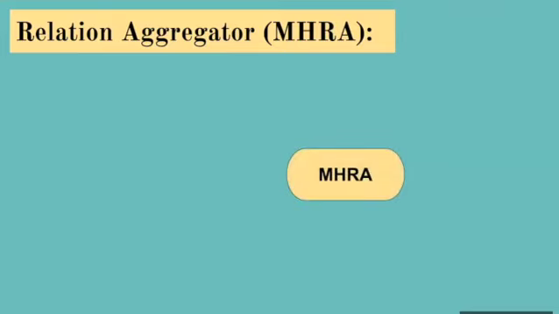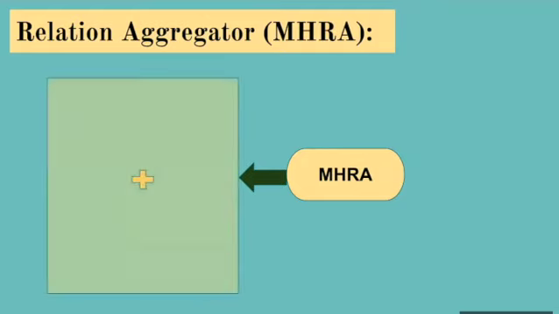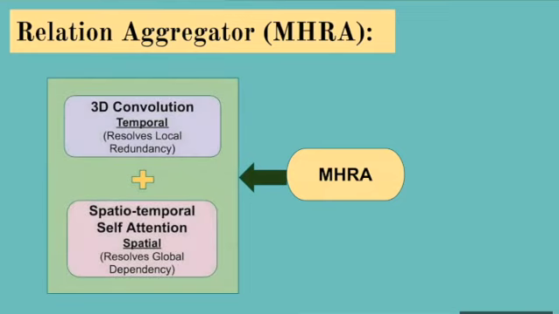Now, here comes the meat of the section, which is MHRA. It stands for multi-head relation aggregator. I'll say relation aggregator for short, when we are talking about just one head. Now, MHRA brings two things together. The first is 3D convolution and spatiotemporal self-attention.